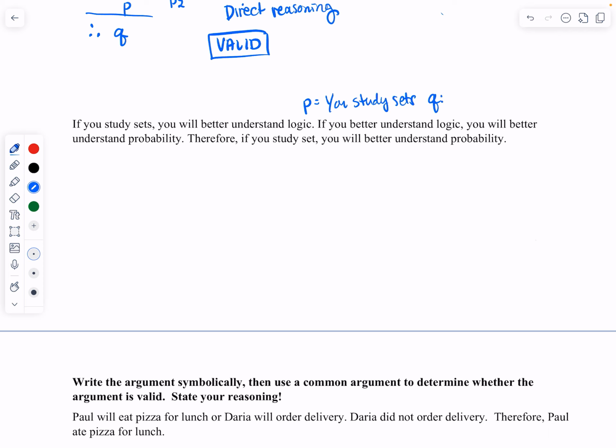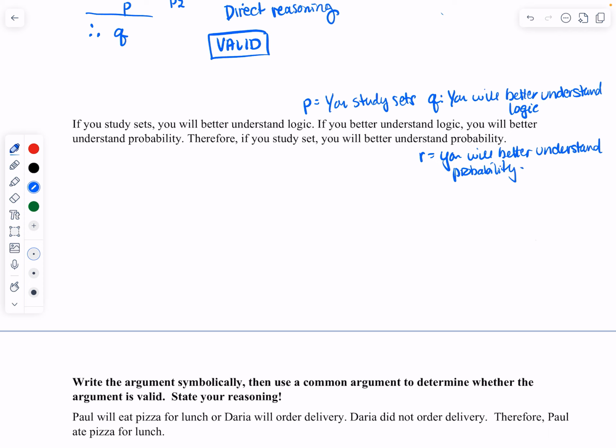Q is you will better understand logic. And then we have an R, excuse me. R is you will better understand probability. Okay, so we have a P, Q, and R.